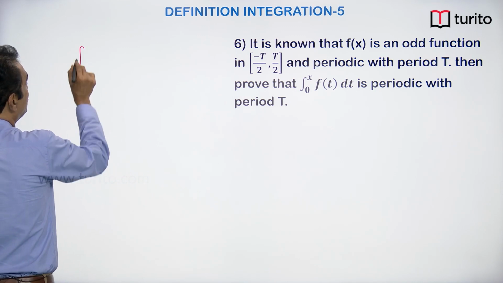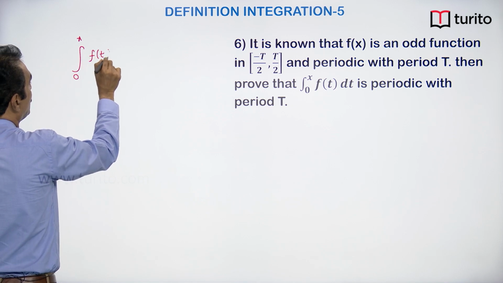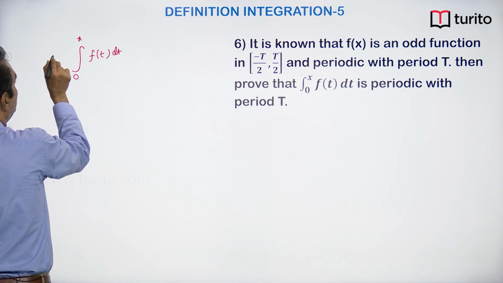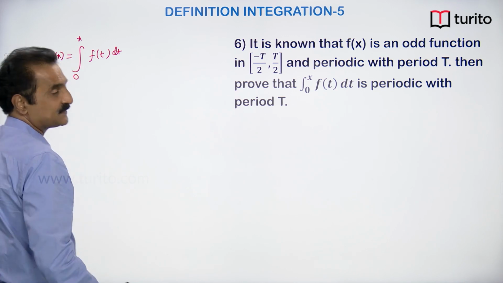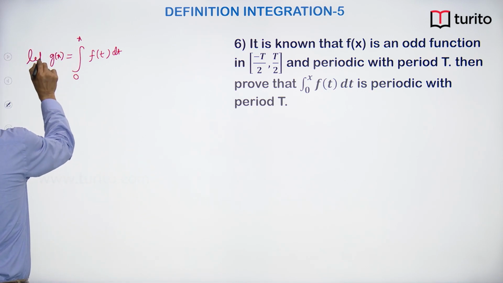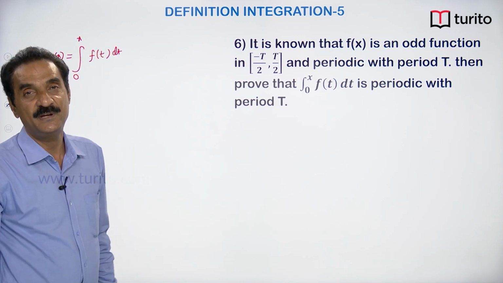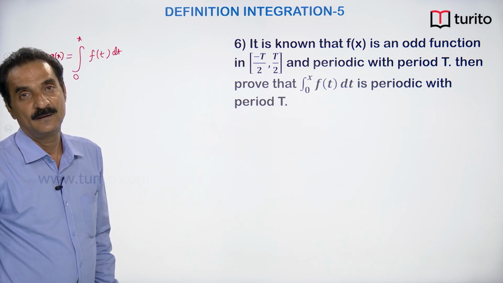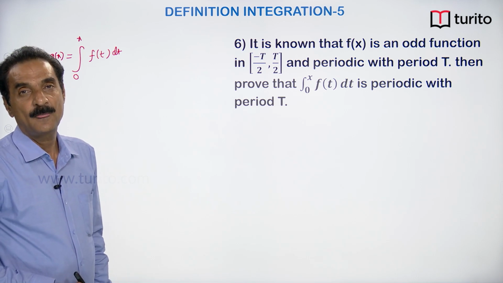Let us take the integral 0 to x f of t dt as g of x. Now, we need to prove that g of x is periodic with period capital T. So, what is the property of a periodic function?